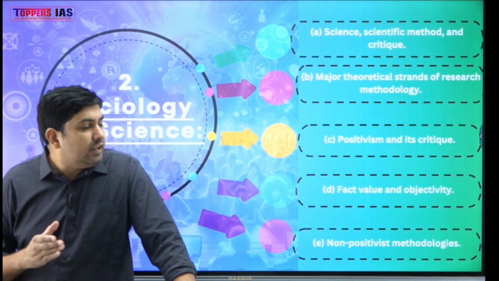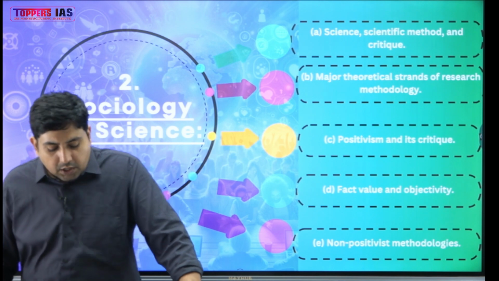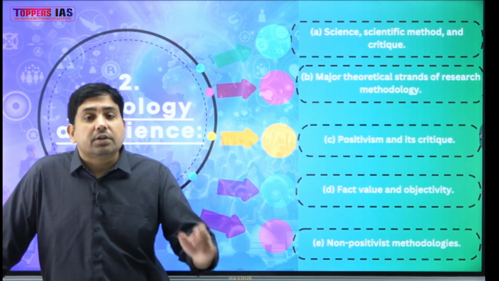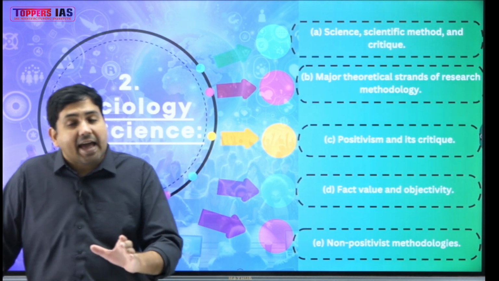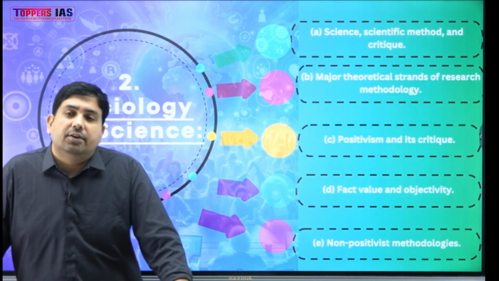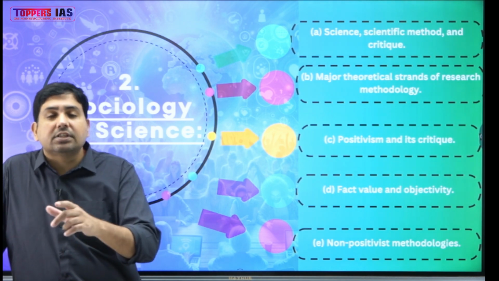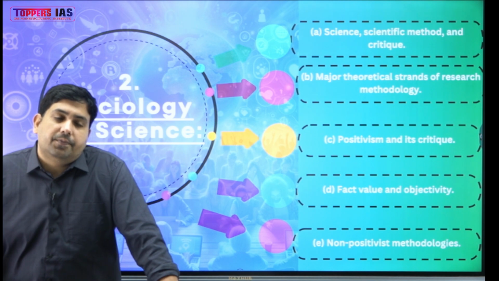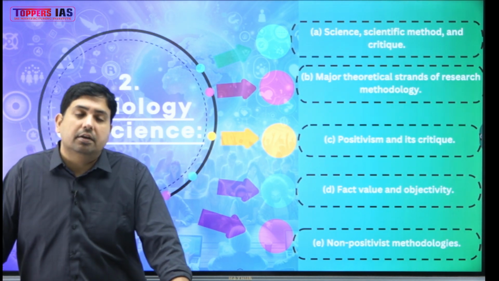It should be free from the researchers' emotions, the researchers' own values. Okay? So researchers should present facts as they are, without letting their emotion influence their judgment or influence the findings. Such kind of things should not occur in sociological research.